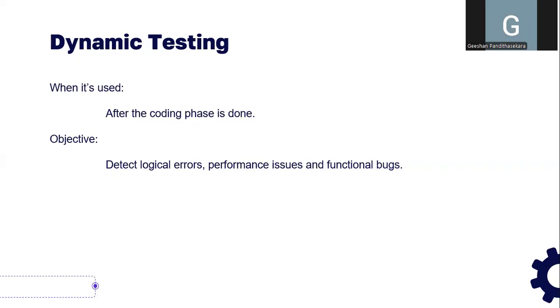This is where users simulate real life usage of the app. So, dynamic testing is done after the coding phase is over. The main objective of dynamic testing is to detect logical errors, performance issues, and functional bugs.